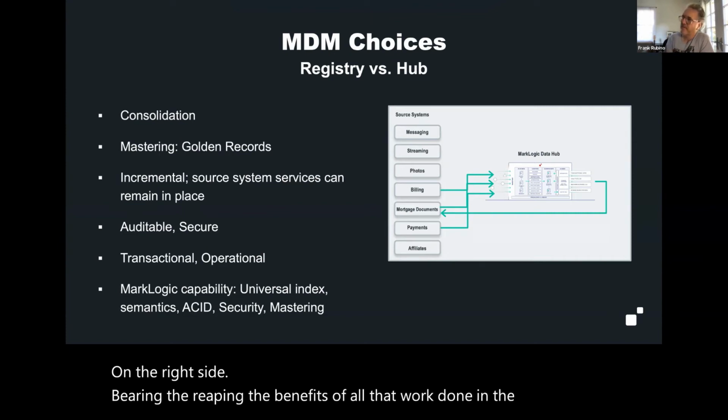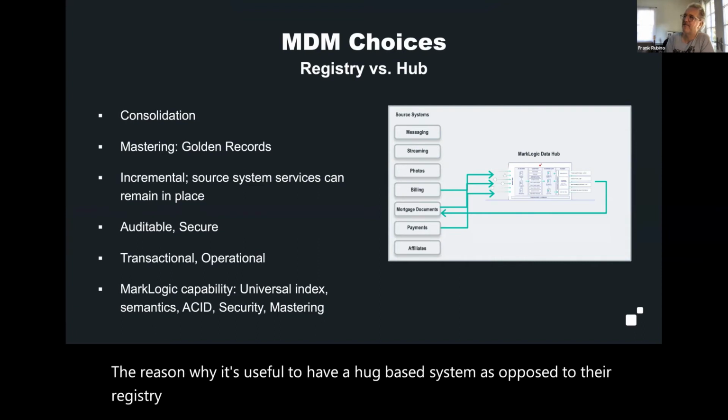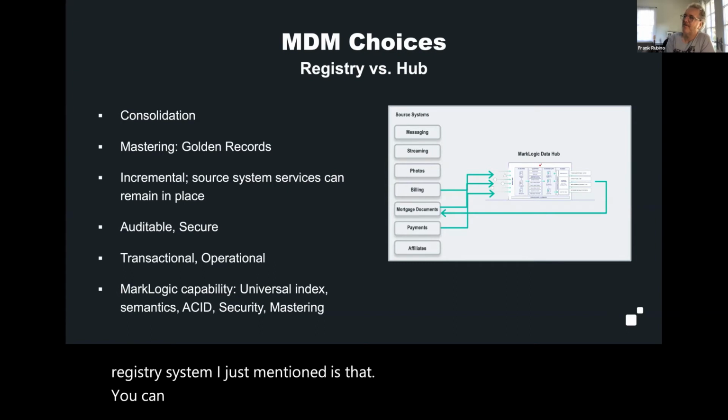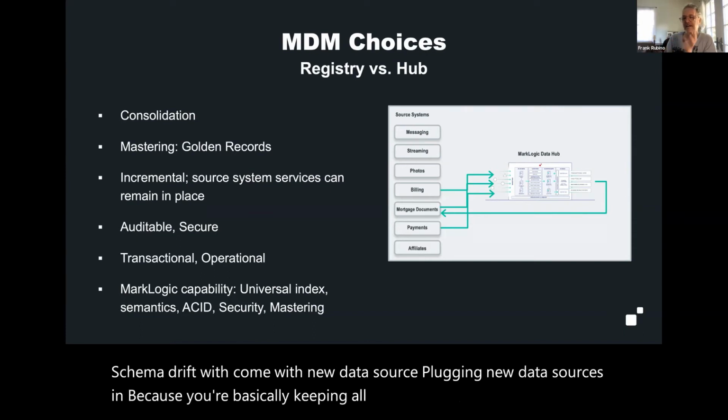And the reason why it's useful to have a hub-based system as opposed to the registry system I just mentioned is that you can deal much more easily with schema drift and with plugging new data sources in, because you're basically keeping all of the raw data in the hub and processing it as you need.